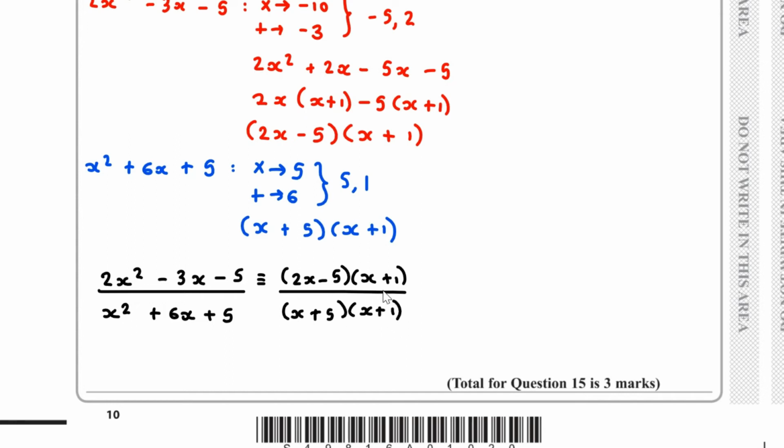And you'd find here the x plus 1's cancel on the top and the bottom. So we are left with 2x minus 5 over x plus 5.